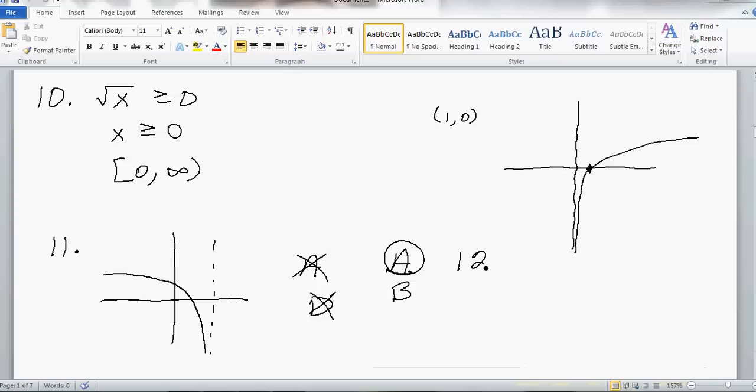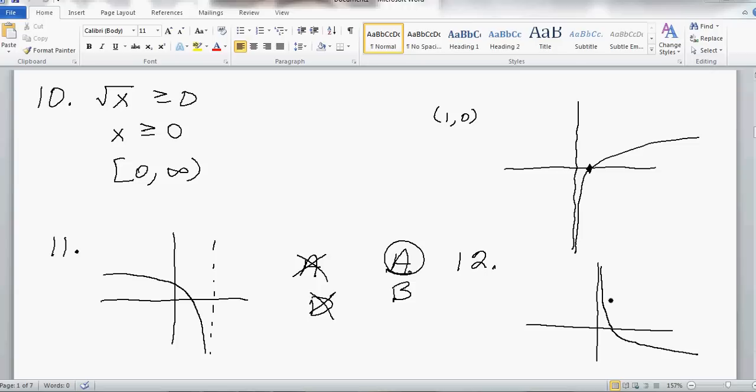Now if we look at number 12, this time I promise I will do it in the logical order, which is look at the vertical asymptote to begin with. The vertical asymptote is x equals 0. So that means the argument has to just be either x, potentially negative x.